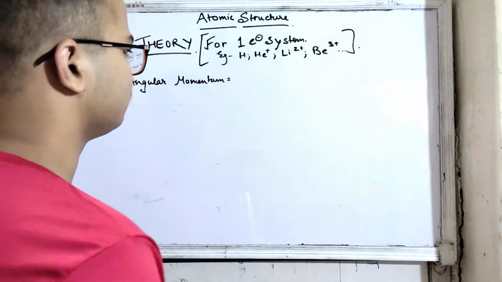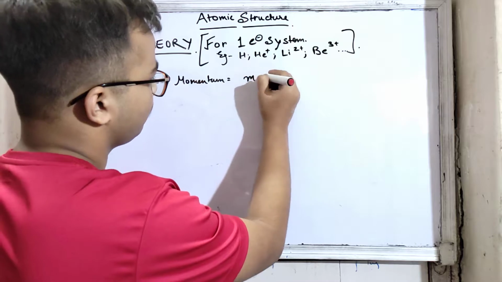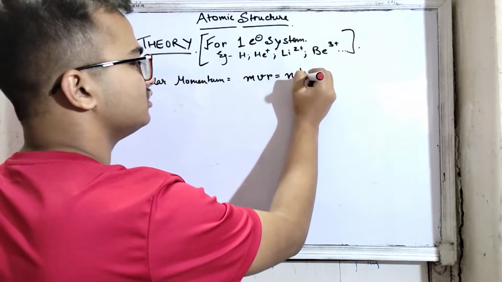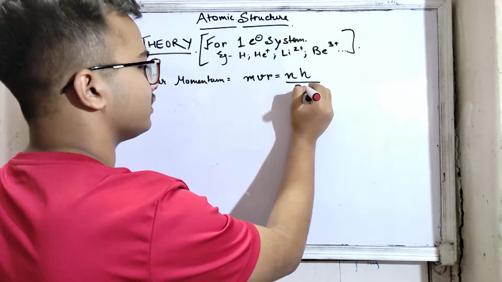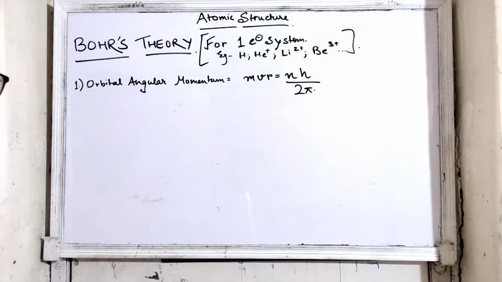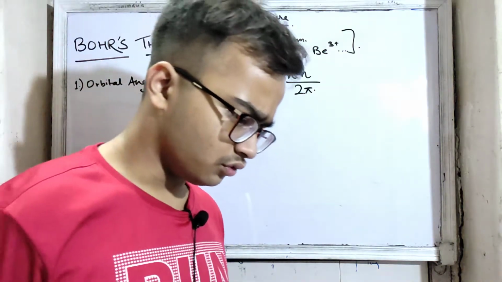Bohr gave the formula. We know it's mvr equal to nh by 2 pi. So this was the formula for orbital angular momentum, which was given by Bohr.